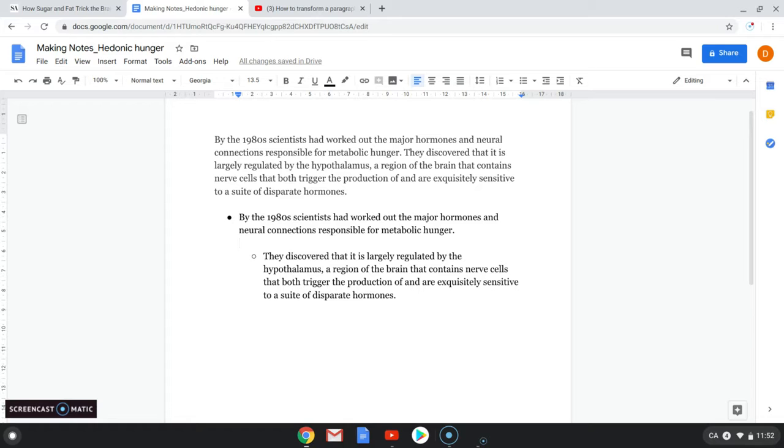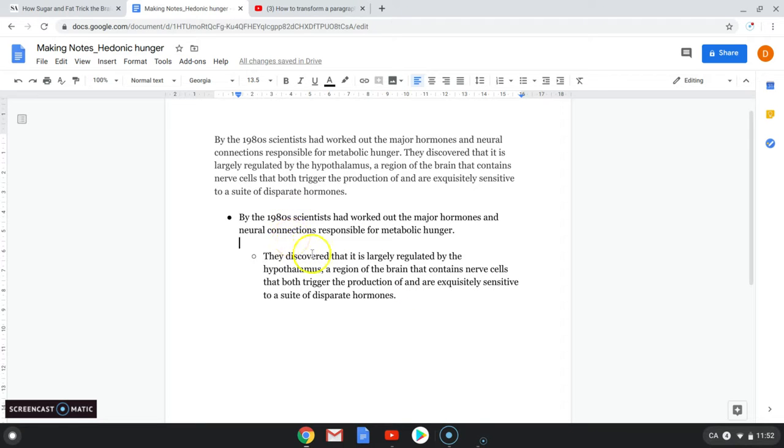Personally, I don't find that this is much more helpful than what we have over here in the original paragraph. Yes, it does show the second sentence definitely develops the first one, but it's not super helpful for rapidly understanding what's in this paragraph. We need to go further. So let's go further. Let's break down our ideas further.